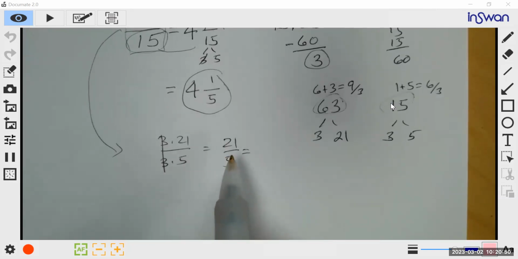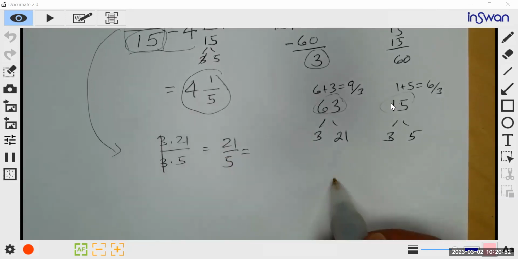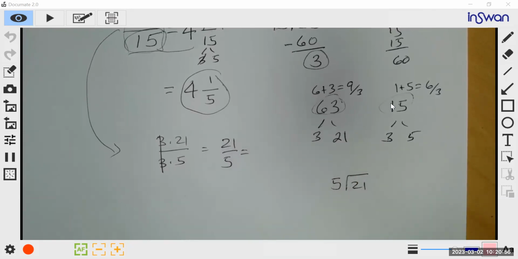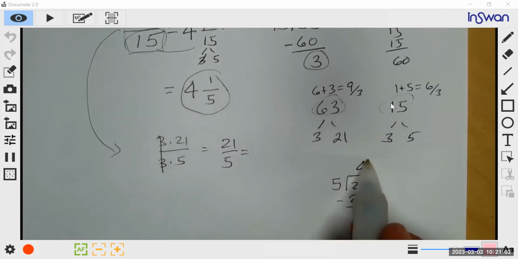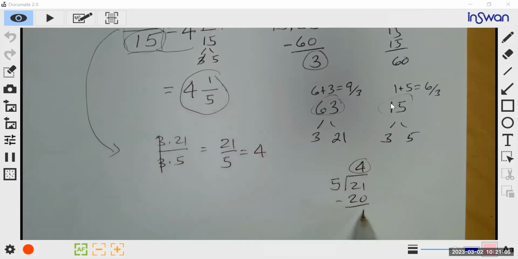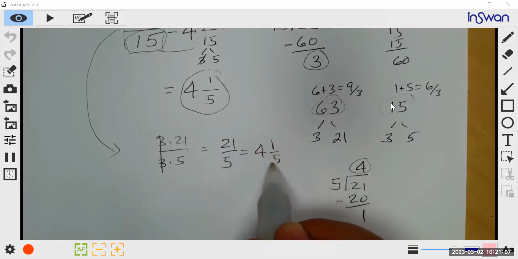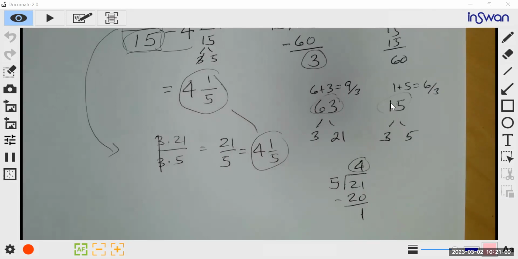Can't go any further, but it's an improper fraction. How many times is 5 going into 21? 5 times 4 is 20. 4 and 1/5. Same thing.